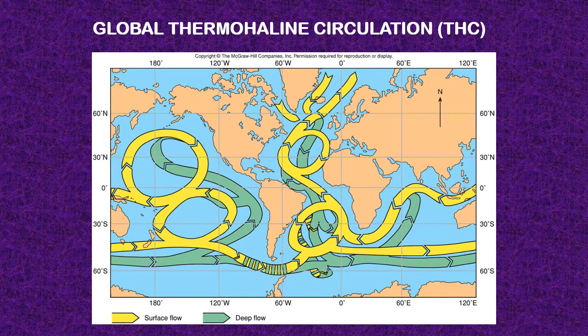So the global thermohaline circulation system, or the THC for short, not the THC you're thinking of, essentially works like this, where our surface flow is in yellow and our green is our deep ocean flow. And this is today. This is how it works today. Now, if you move these continents around like they were a few tens of millions of years ago, this circulation system would look totally different.